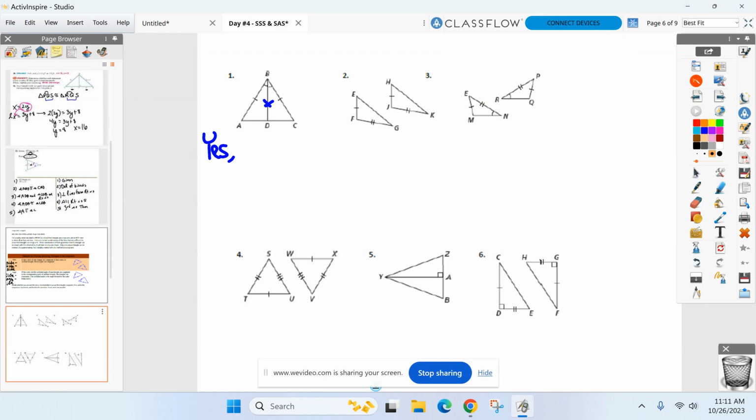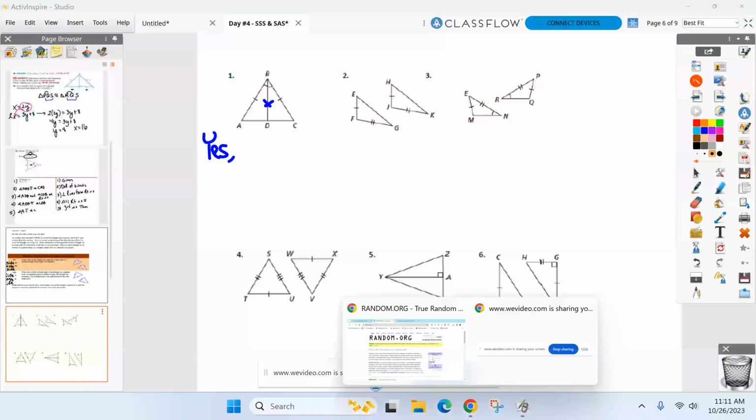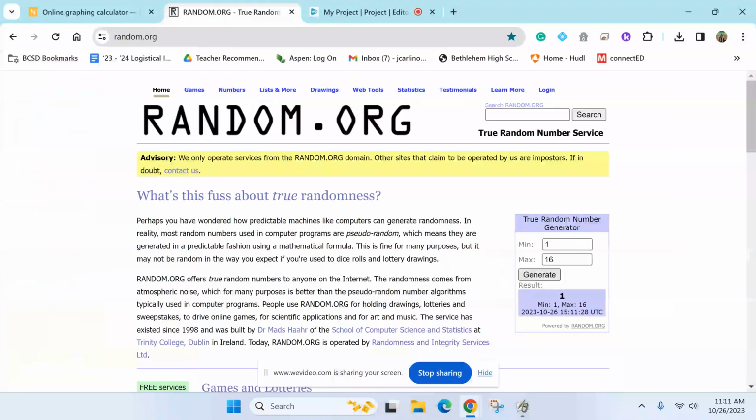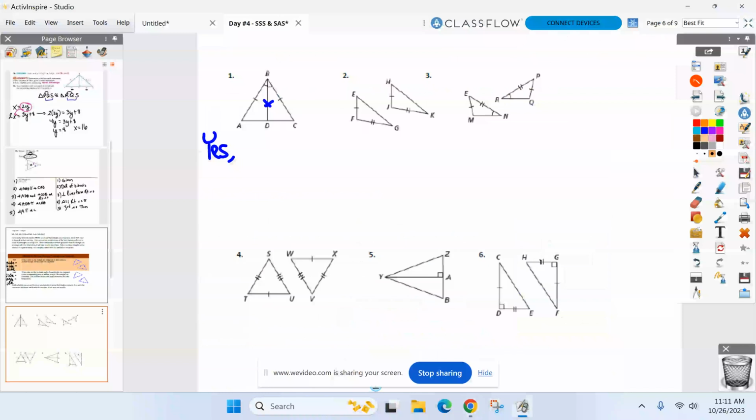Second part of this is write a statement. And remember, what do we have to make sure about our statements? Everything matches up. So somebody start me with one of the triangles. Go ahead, Charlie. Triangle ABD, sure. So triangle ABD is congruent to, now match them up. Match up the sides and angles that correspond.